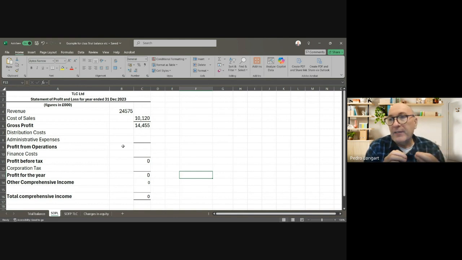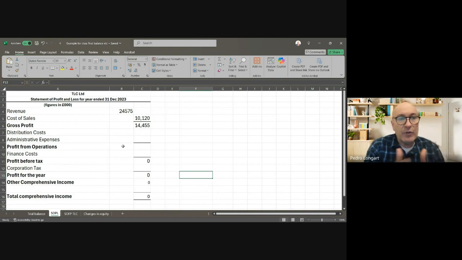And you may have, let's say, the buildings of the head office, whose depreciation could be part of administrative expenses. That is why you cannot see another line of depreciation here. I would say the depreciation for the year, okay, because there may be accumulated depreciation that was considered already in previous years that will not be part of this.